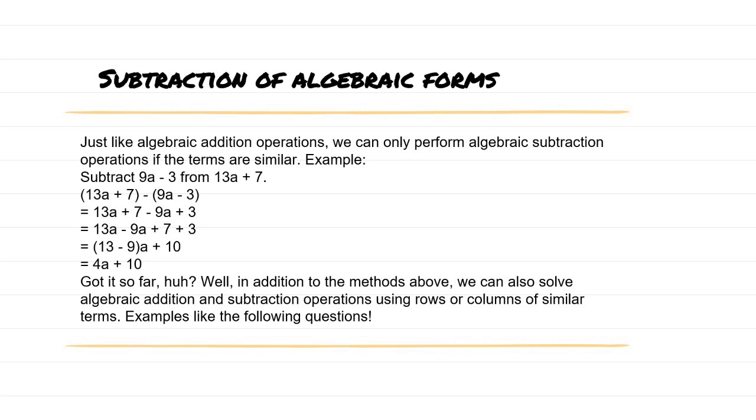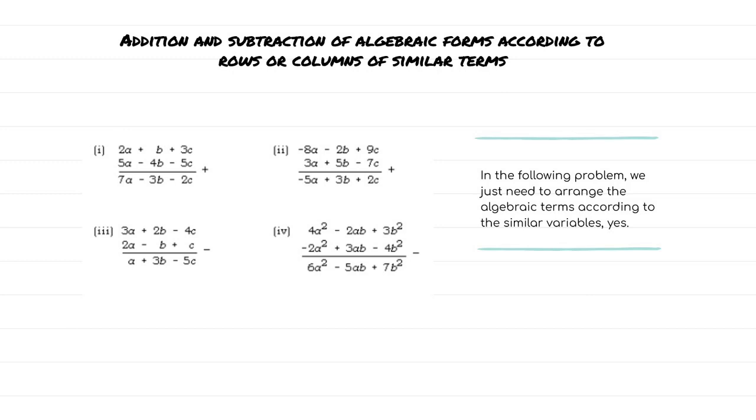Well, in addition to the methods above, we can also solve algebraic addition and subtraction operations using rows or columns of similar terms. Examples like the following question. Next, addition and subtraction of algebraic forms according to rows or columns of similar terms.